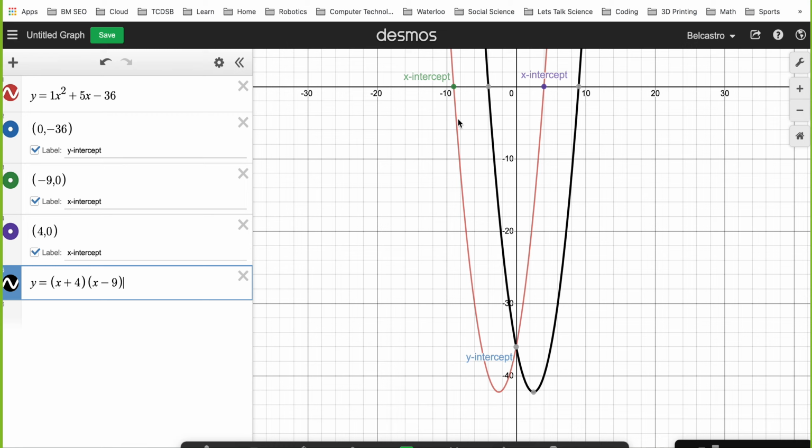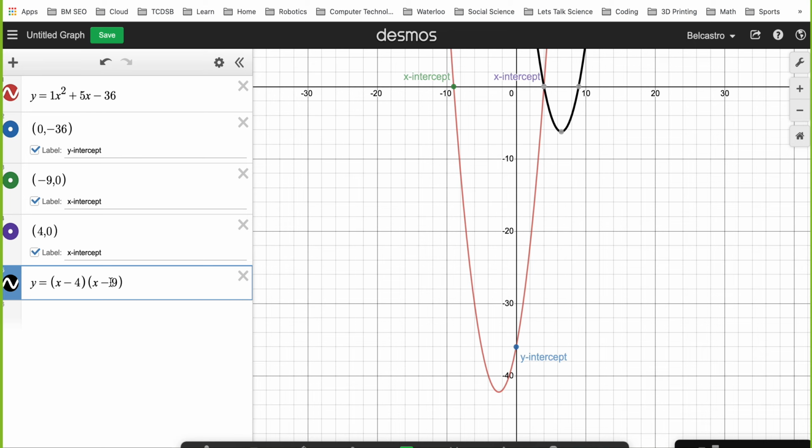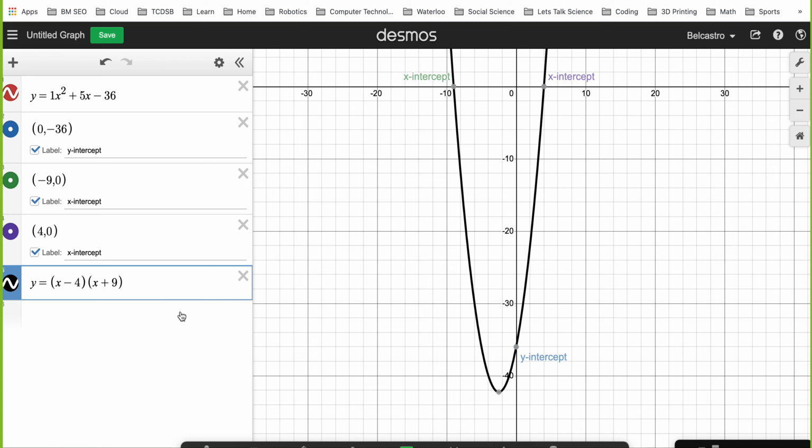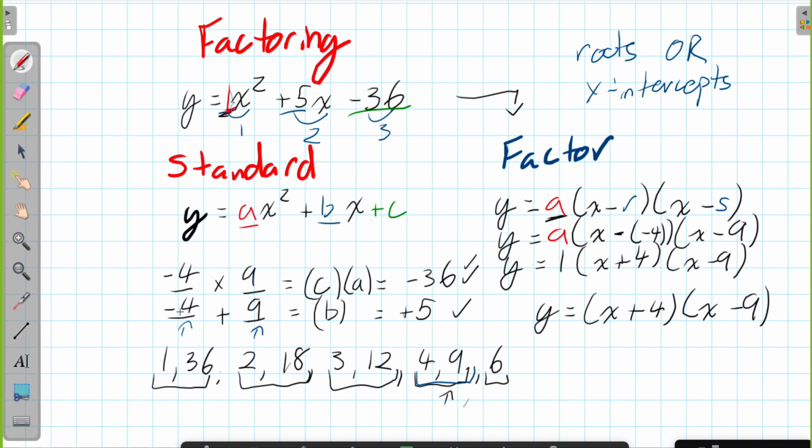Oh, did I write those backwards? I may have written them backwards. Did I write them backwards on this page? I feel like I did. Negative 4. Huh. I have made an error somewhere here.